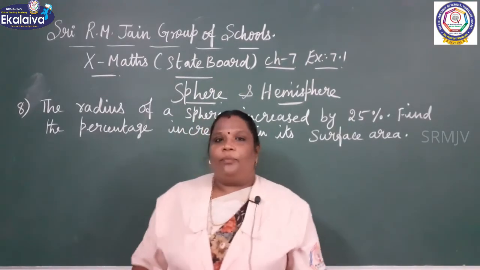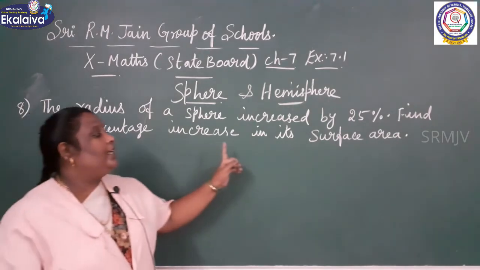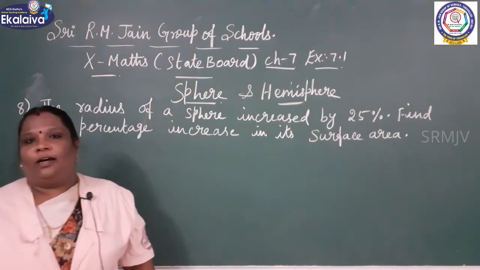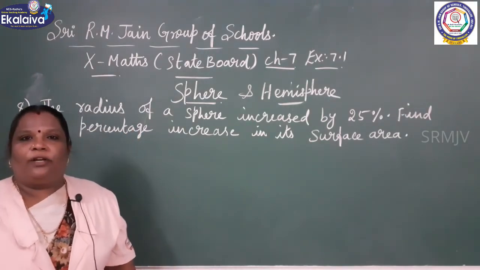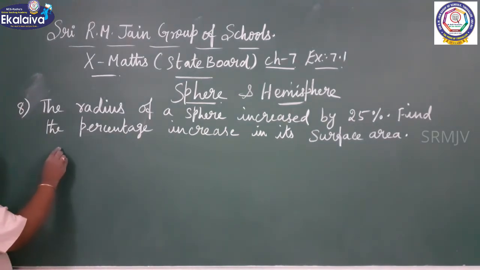See the eighth sum. The radius of a sphere is increased by 25%. Find the percentage increase in its surface area. What is the surface area formula of a sphere? 4 pi r square square units.